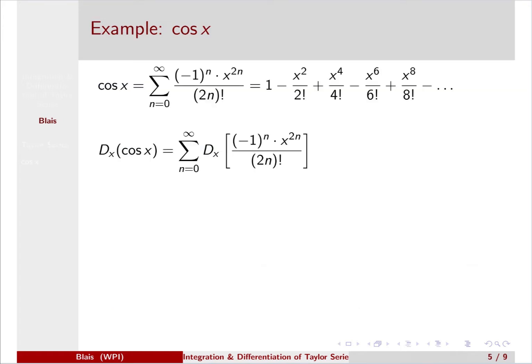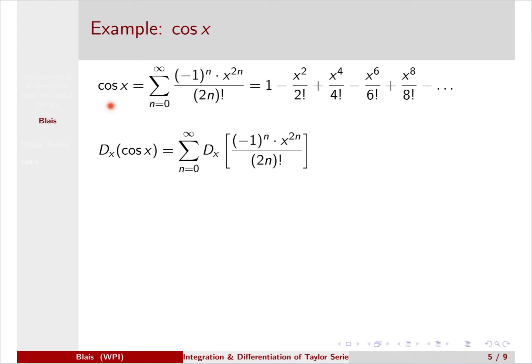So let's look at an example of this. Let's take a look at the Maclaurin series for cosine of x. So recall this is our Maclaurin series for cosine. So we have an alternating series that picks up the even terms, even powers of x.